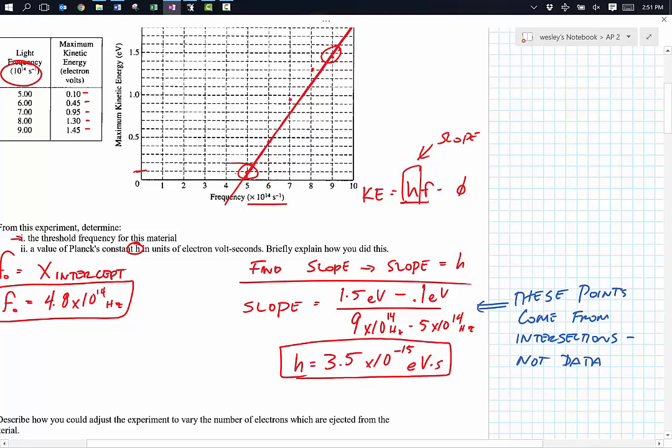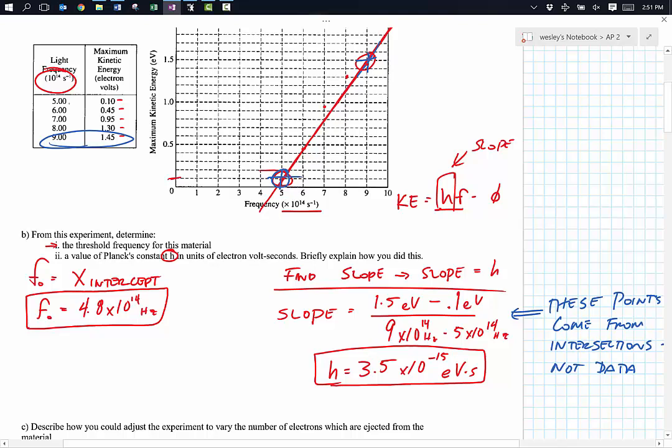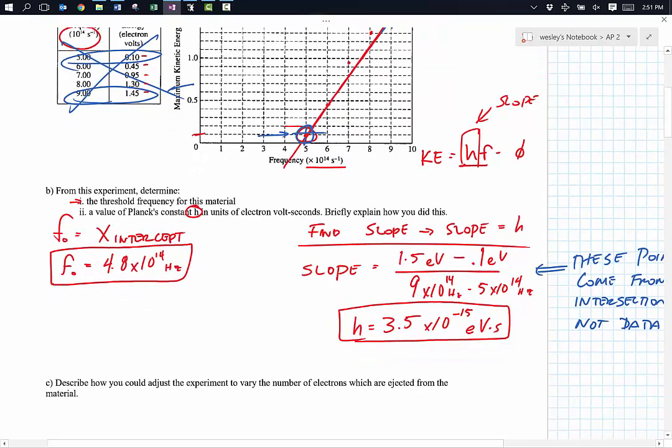That's a very important thing. So this is an intersection where my line crosses a grid point, and this is an intersection where my line crosses a grid point. That's how I choose it. In general, we're not going to use data points. This one happens to line up, and it's okay, but this was not a data point. We're going to use things from our best fit line.